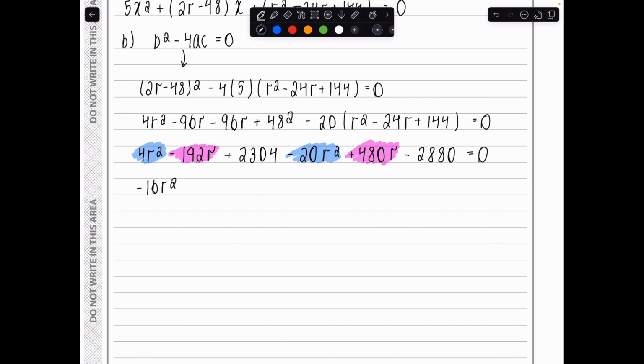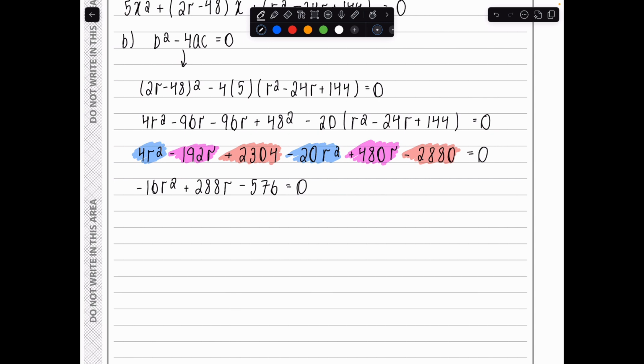We get positive 288r. And last but not least, we have a positive 2,304 and a negative 2,880. So 2304 minus 2880, what does that give us? We get negative 576, which is then equal to 0.